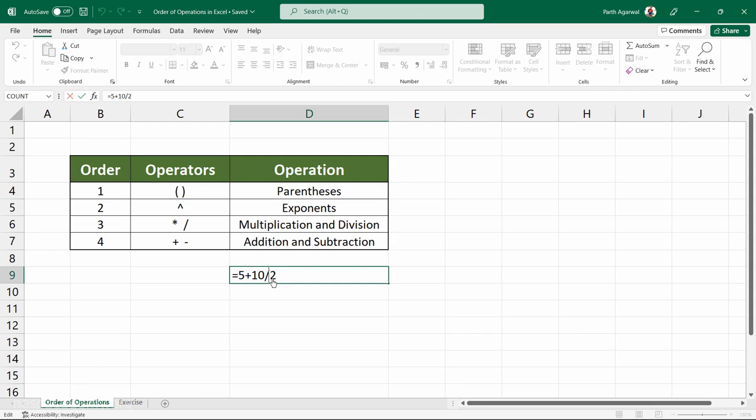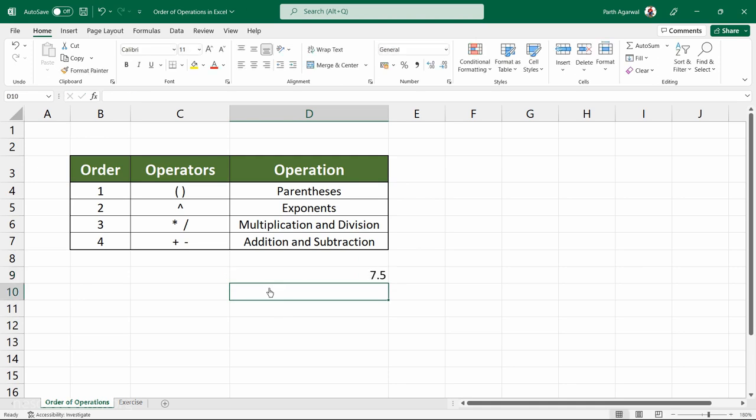So let's do that. I'm going to keep 5 plus 10 in parentheses and then hit the enter key on my keyboard. And now you will see that we got the decimal answer, right? And that's what we assumed previously. So keeping the order of operations in mind, we can do some more complex calculations now.